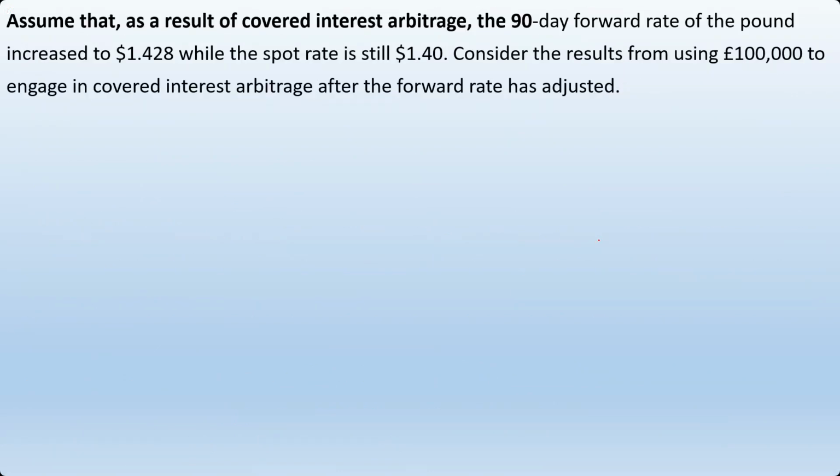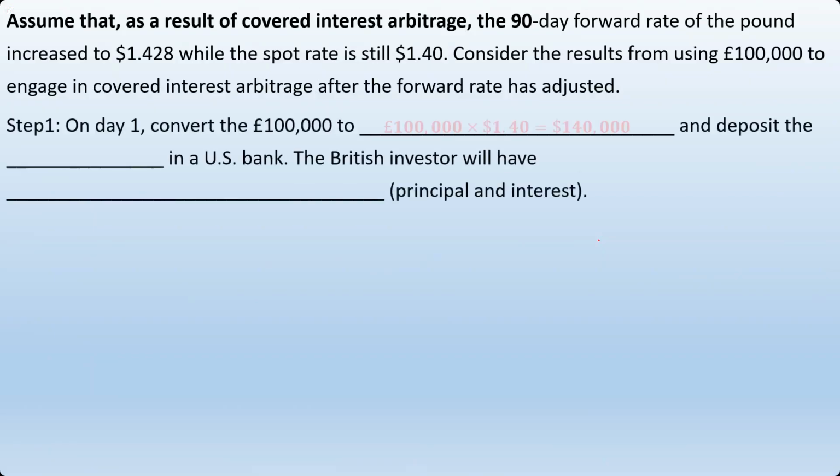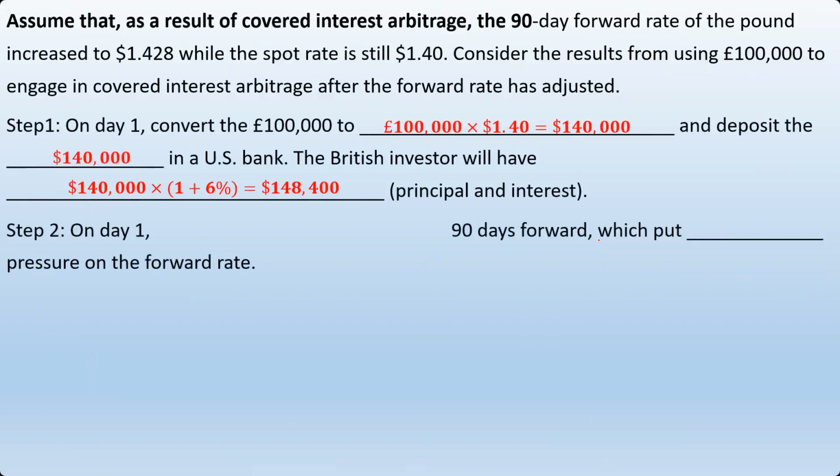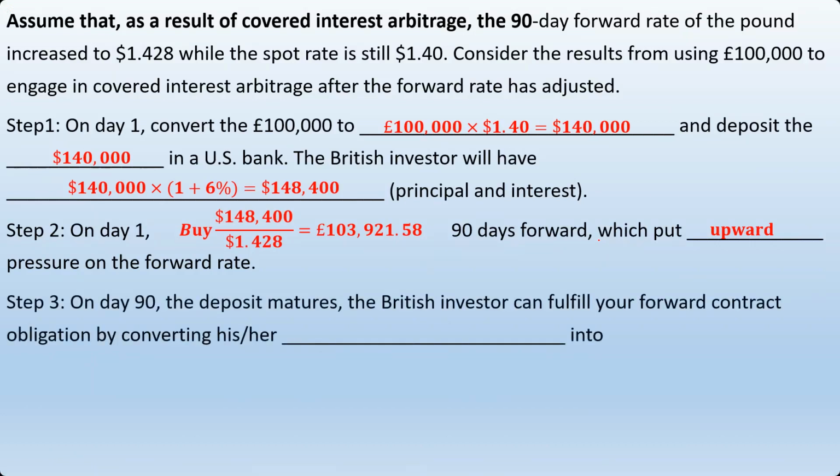And then we find that the British pound's forward rate goes up, because it's originally 1.4, but as we keep buying it, the rate goes up to 1.428. So with this 1.428, the amount of British pounds will be 103,921.58. This will put upward pressure on the forward rate.